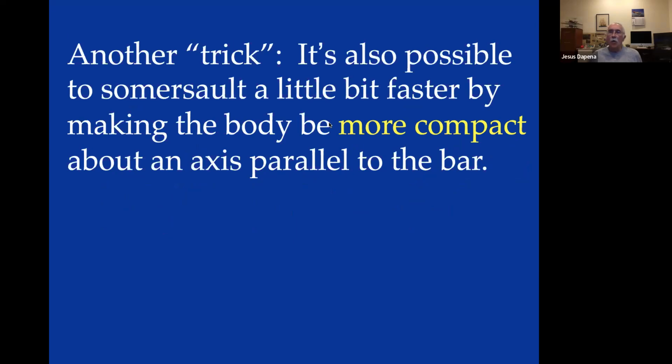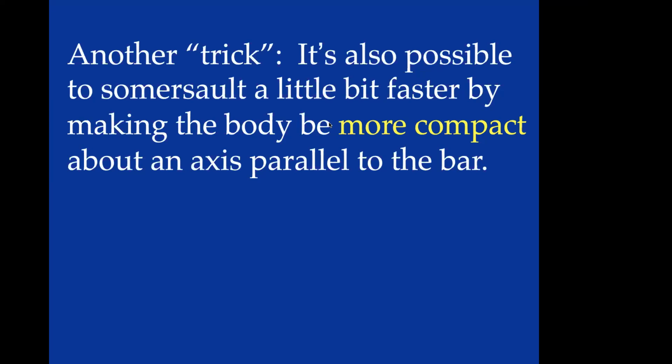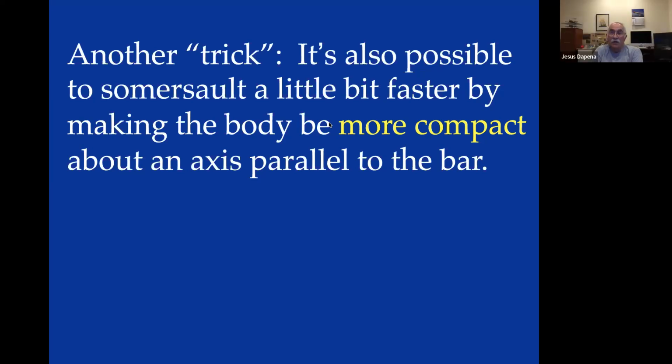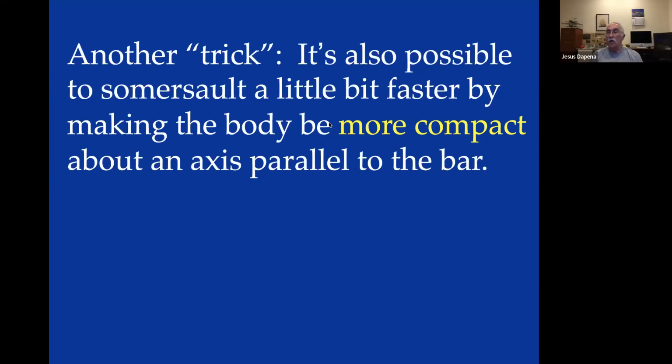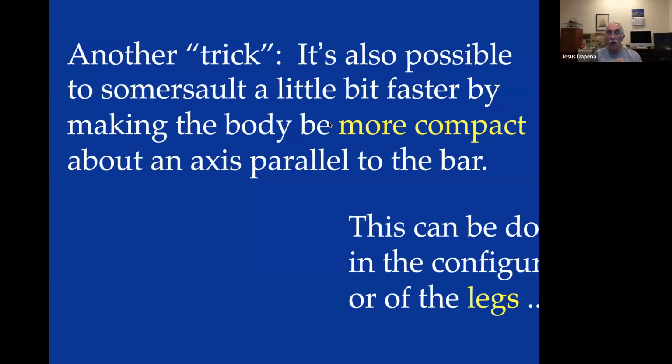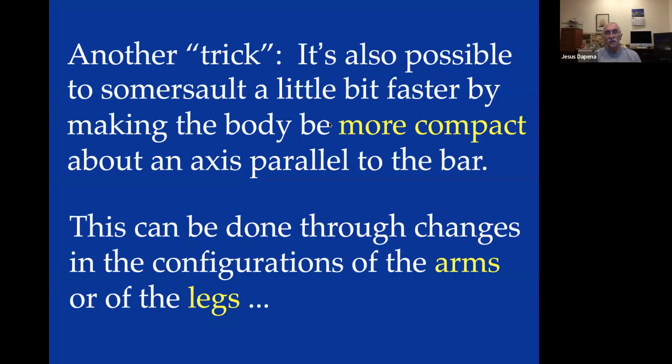You can do that by making the body more compact about the axis of rotation. We're going to be looking at the somersault rotation over the bar. And you can make the body more compact through changes in the configuration of the arms or of the legs.